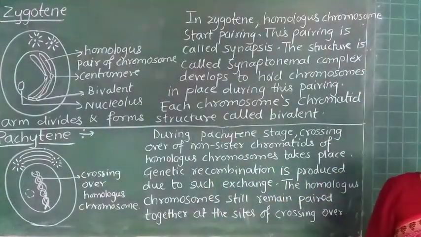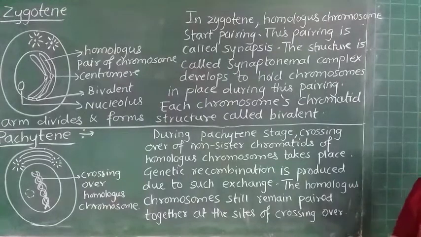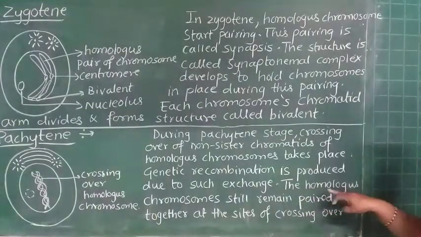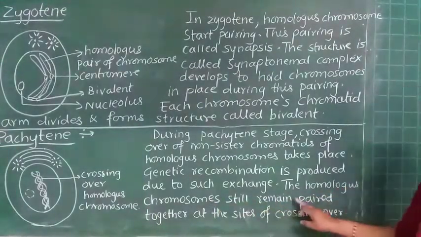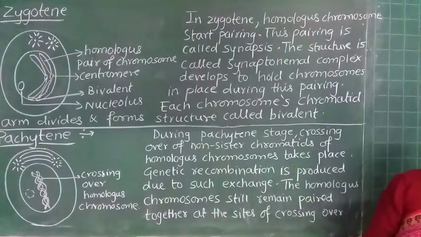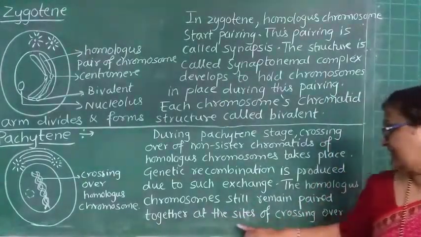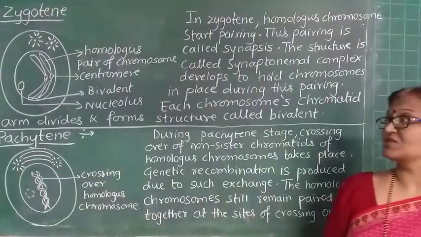What happens? That means there is an exchange of genes between these two chromosomes. The homologous chromosomes still remain paired, or together, at the sites of the crossing over.